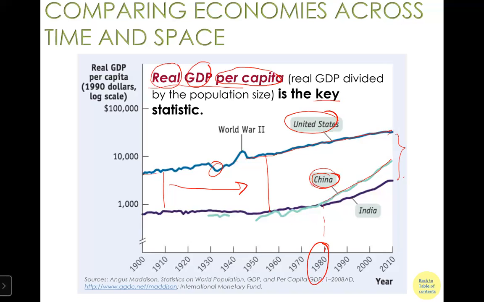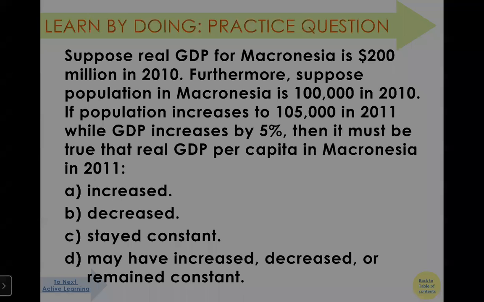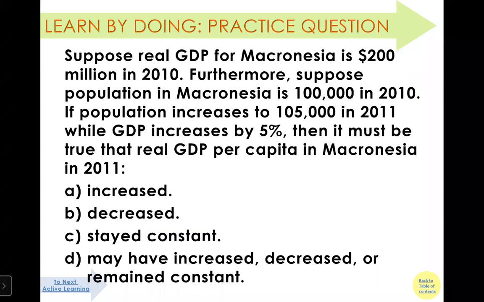The gap is rapidly narrowing. So this figure highlights what growth means. Now we can look at a practice question to understand why we look at real GDP per capita.